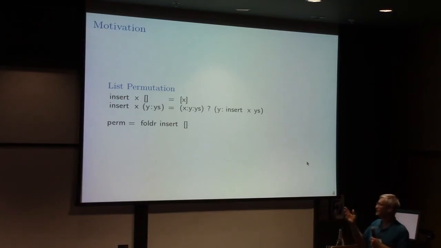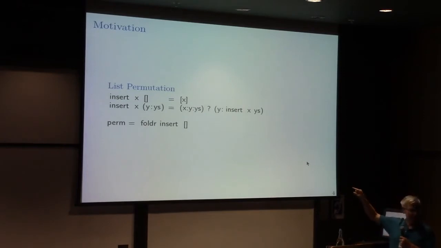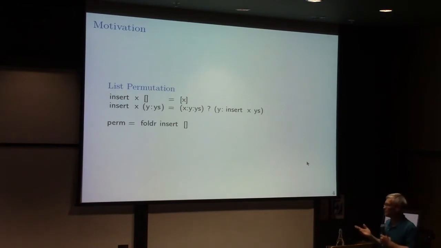And insert is the function that non-deterministically takes an element and a list, and inserts this element somewhere into the list. The question mark is the choice operator in Curry, and the rest is standard notation. If you saw this code once, you probably can't forget it. It's such elegant code, right?